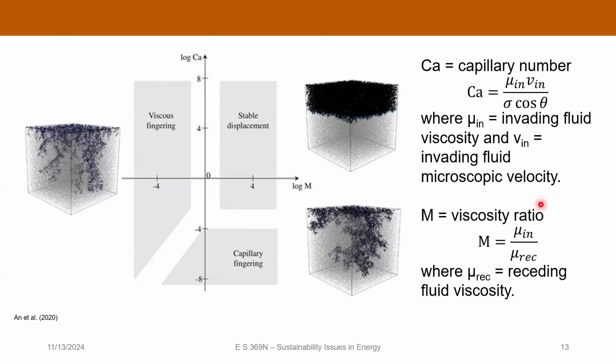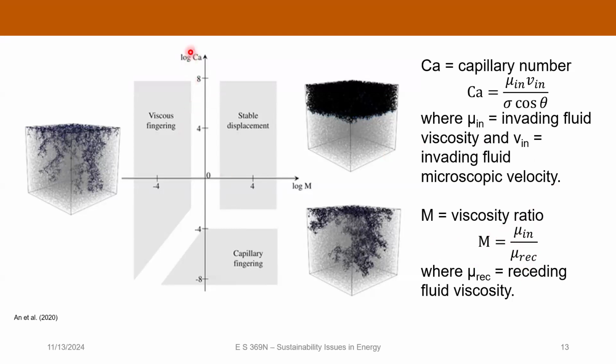So the viscosity ratio is the ratio of the injected fluid viscosity to what we call the receding fluid. That's the fluid that's already present in the rock. So in the case of hydrogen storage in a saline aquifer, the injected fluid would be hydrogen, and the receding fluid would be brine, water.